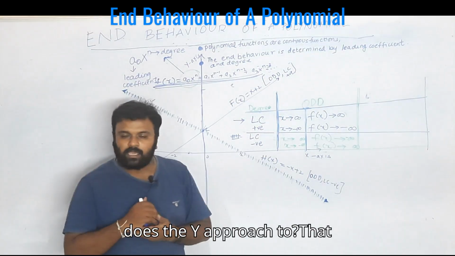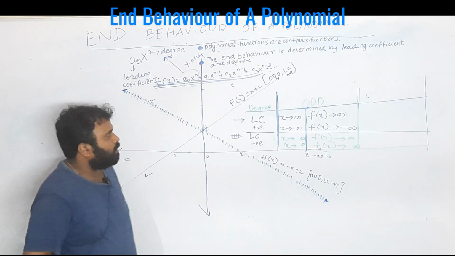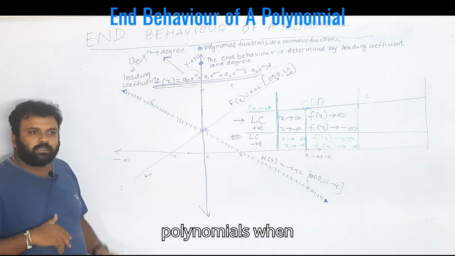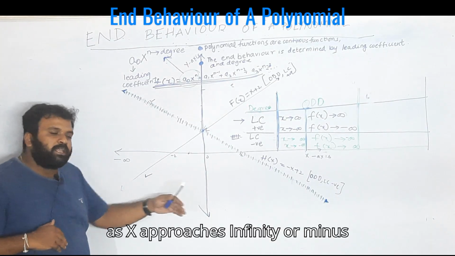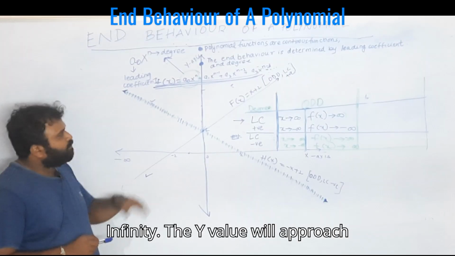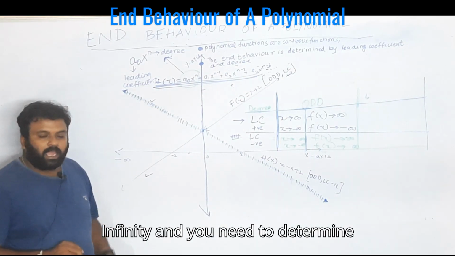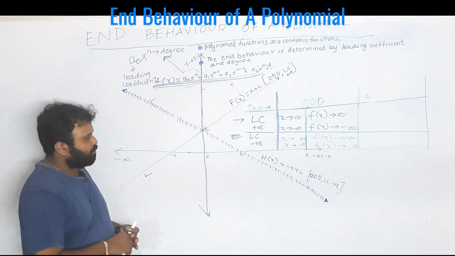That is essentially end behavior. For all polynomials, as x approaches infinity or minus infinity, the y value will approach either positive infinity or negative infinity, and you need to determine where f of x approaches.